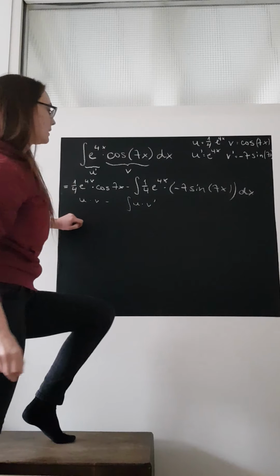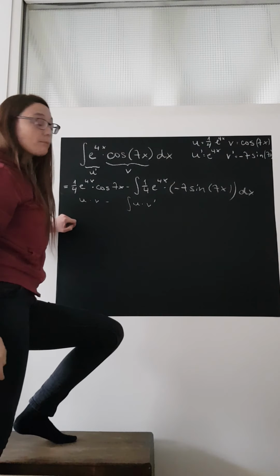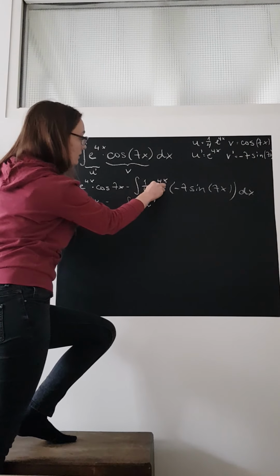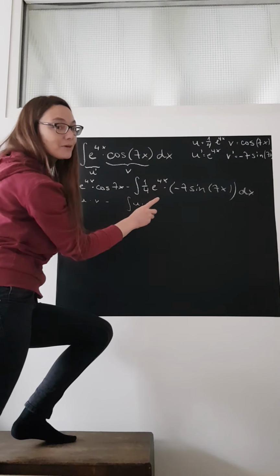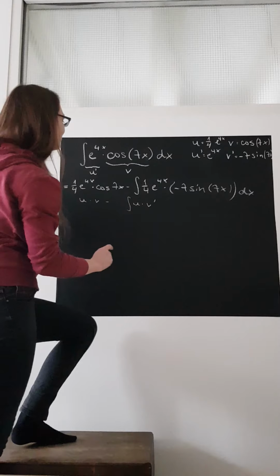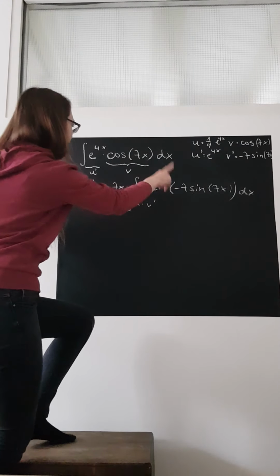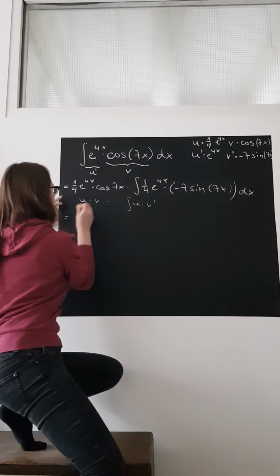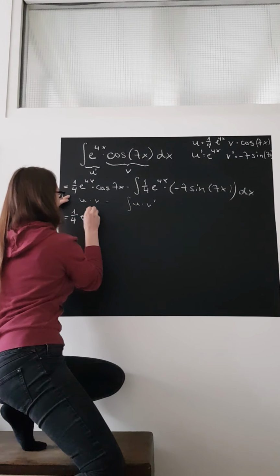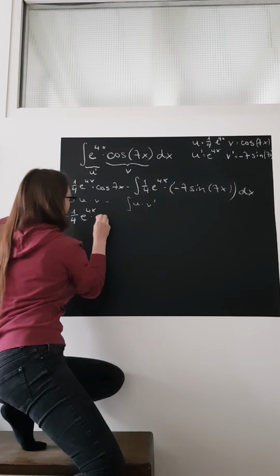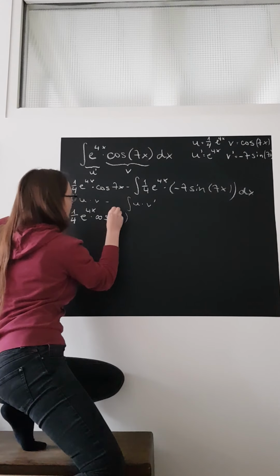dx. Okay, now I can tidy this up a little bit and I'll get e to the power of 4x and a sine. And I do the same thing again, go back to a cosine and we'll be able to shift it around and get our integral. So let's clean this. This is just copying a quarter e to the power of 4x times cosine 7x.